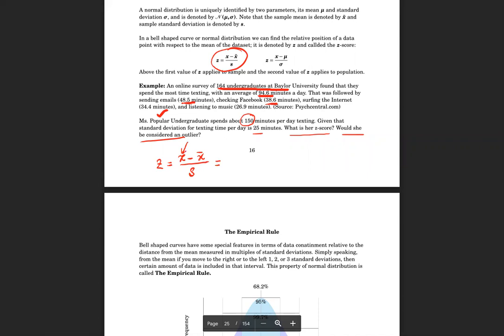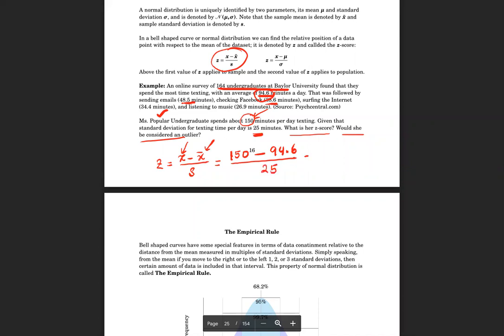In our case, it is Miss Popular undergraduate's number of minutes texting, which is 150 minutes. Minus x bar, the average for the sample, which is 94.6. All of it divided by the sample standard deviation, which is 25 minutes.